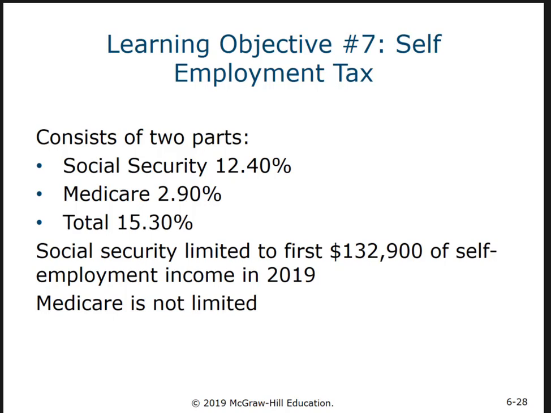If you're both employed and self-employed, meaning you have salary, then you count that towards your max, the limit. So if you had salary of $60,000 for a year, then you would have self-employment income up to the other $72,900 until you got to the limit, okay? But you wouldn't have to do it on a whole $132,900.